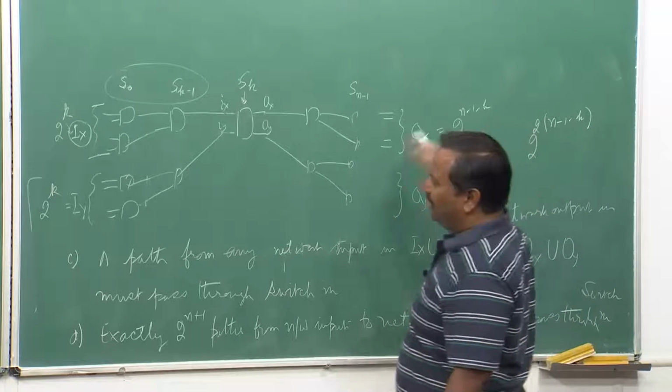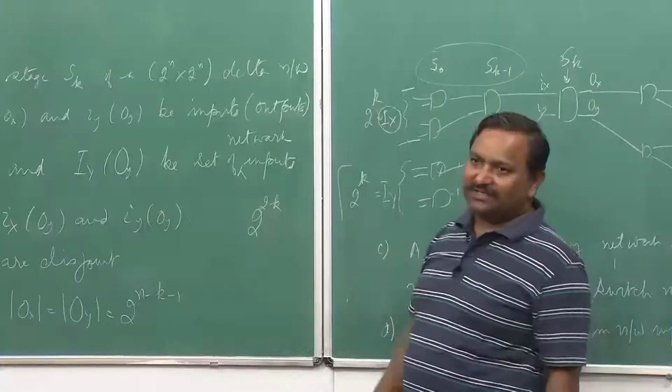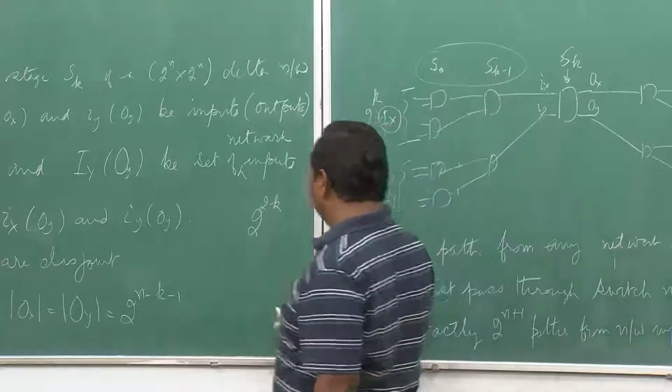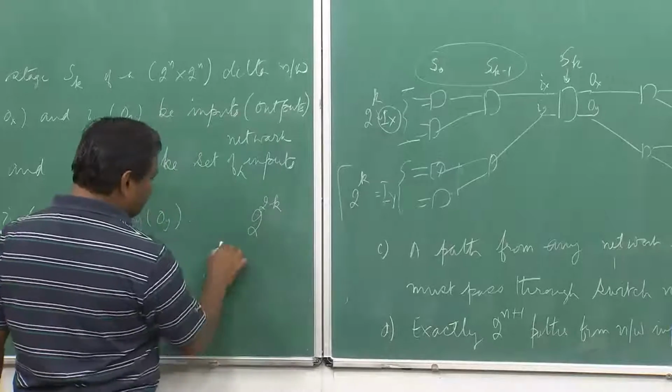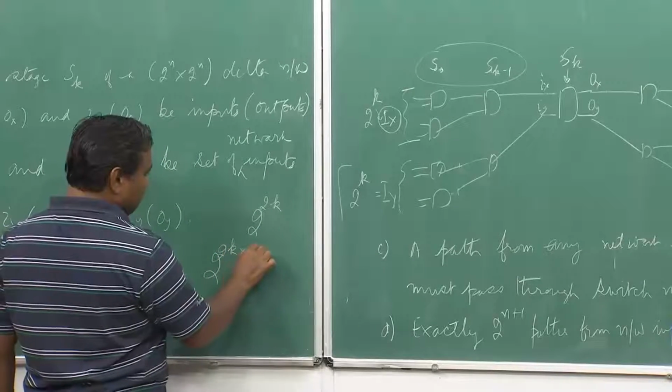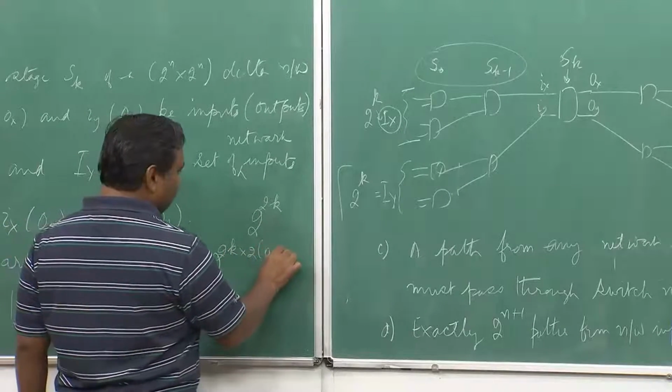So, from here to here, how many total connections can you set up? You have to simply multiply, which will give me 2 raised power 2k into 2 into n minus 1 minus k.